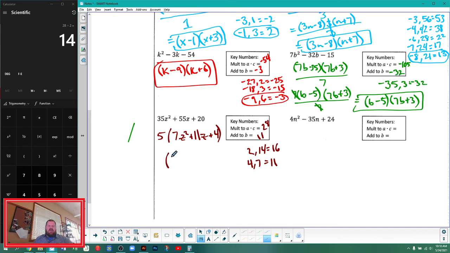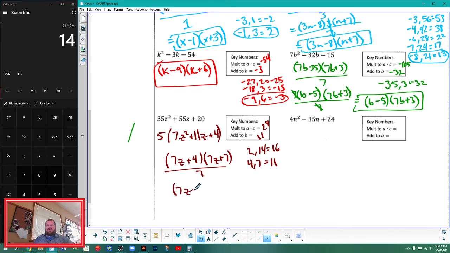I'm going to have, in the Australian method, 7z plus 4 and 7z plus 7. And again, I'm off by a factor of 7, so I do want to divide it all by 7. Looking for common factors, 7 and 4 don't have any common factors, but 7 and 7 do.